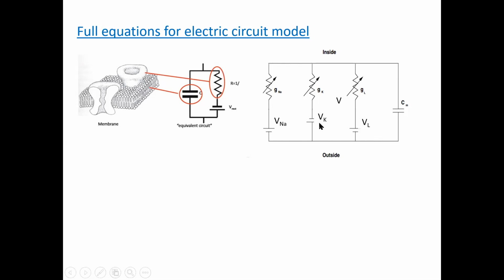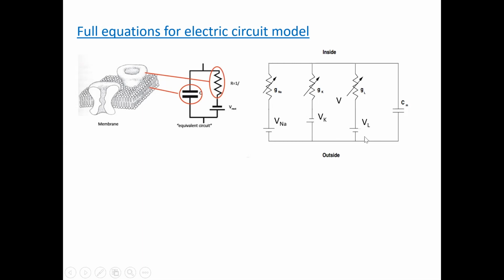The sodium and potassium gates are, most of them, voltage gated or membrane potential gated. They change their conductivity with the membrane potential V, but the leak gates are always open. So what goes through the leak gates would include some sodium and some potassium, but also other ions, calcium and chlorine, and several others.